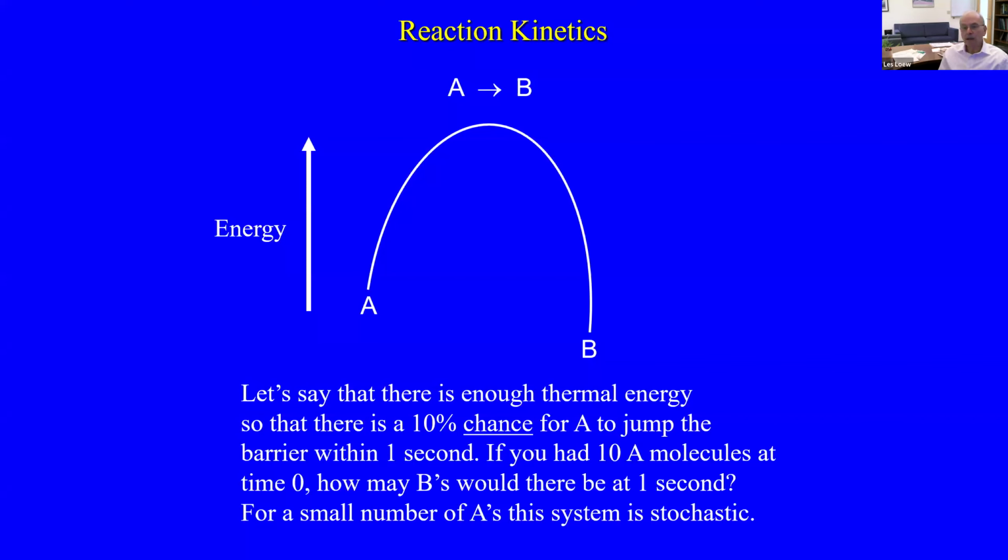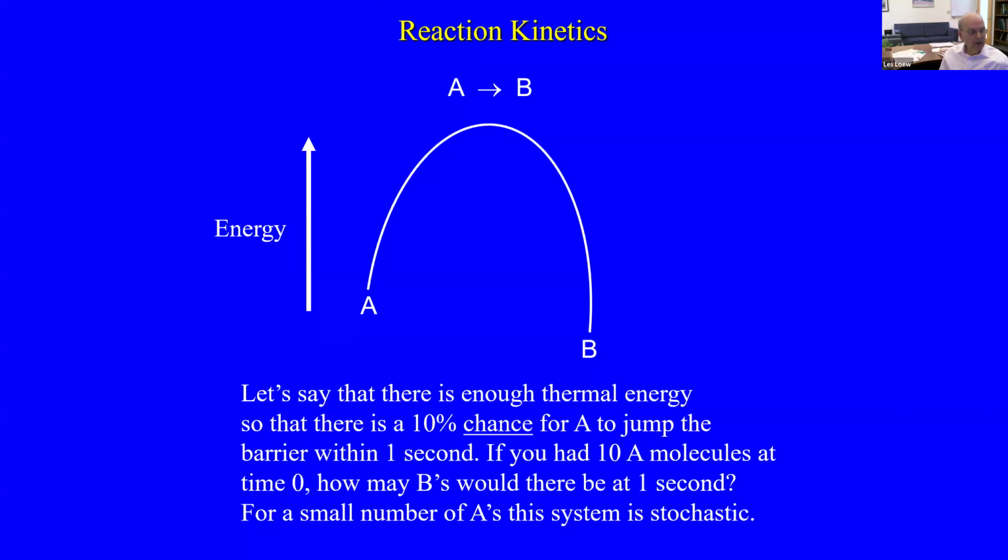So this is a model, and the molecule A has to overcome an energy barrier to get to B. That's why it doesn't happen instantaneously. There has to be enough thermal energy to kick A into B. And depending on how high that barrier is, that reaction rate will go slower or faster.